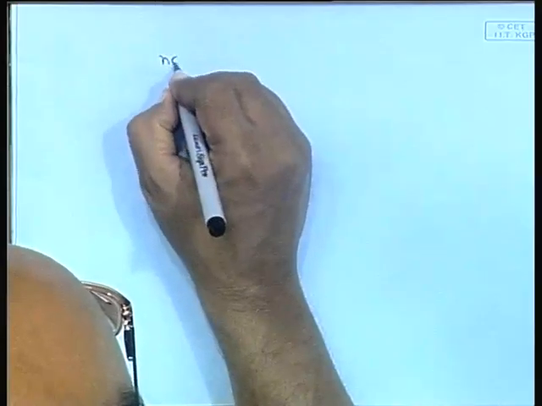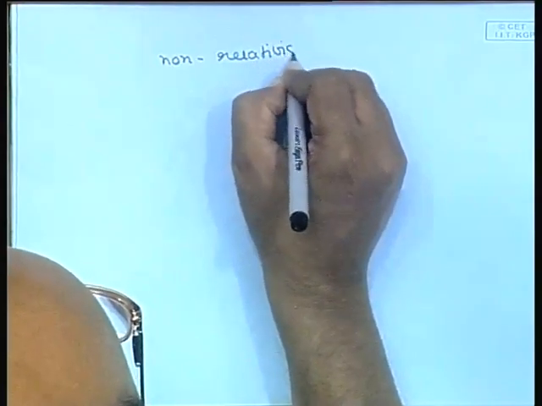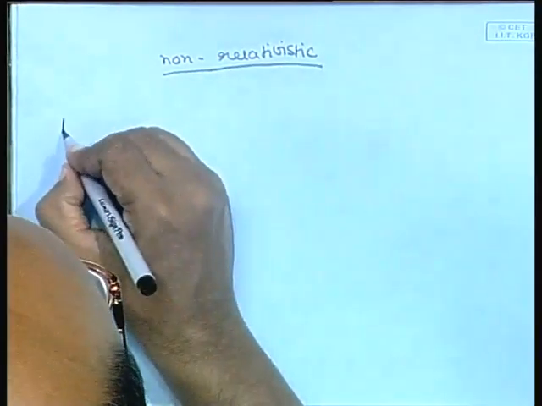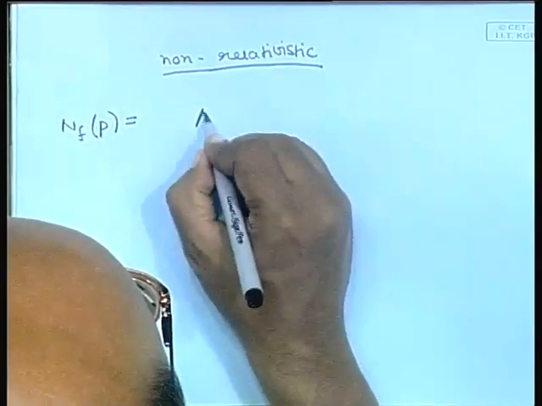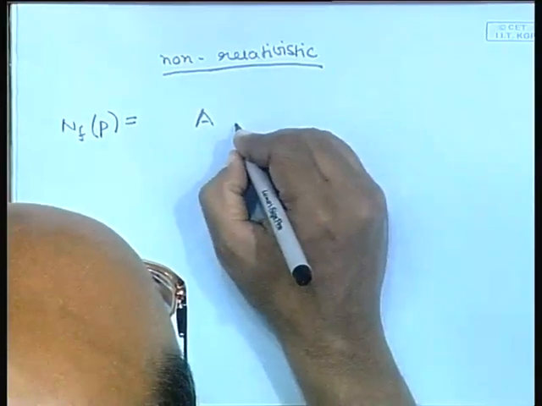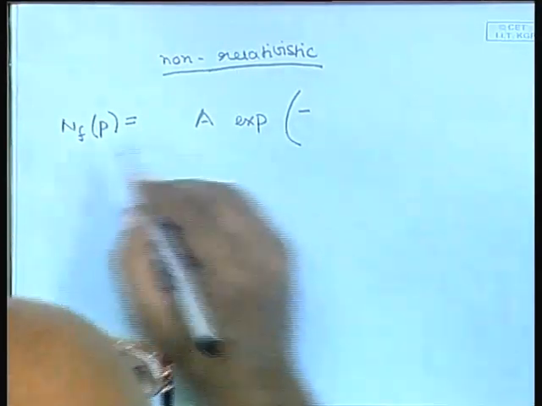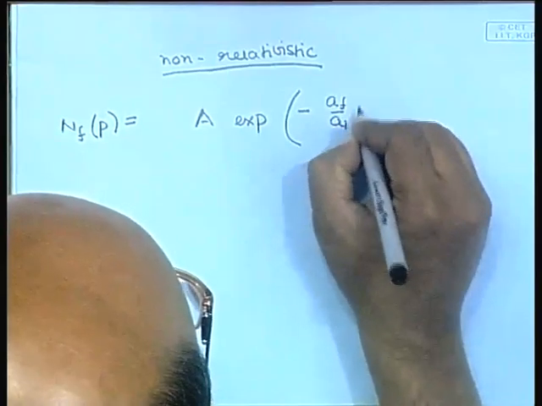Let us now see the same thing for the non-relativistic situation. For the non-relativistic situation, the final distribution function is the initial distribution function at a different value of the momentum. The different value of the momentum is A_F by A_I into p.